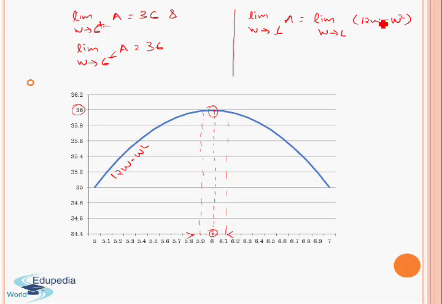We can substitute for this W. As W tends to 6, we can write 12 into 6 minus 6 square. That is 72 minus 36, which is 36.